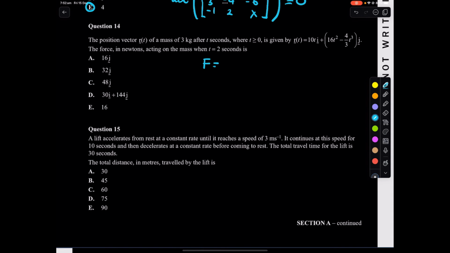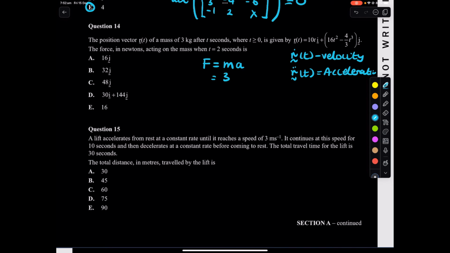We know that force is equal to mass times acceleration. We know our mass, and that's 3. But what is our acceleration? You should know: this is position. Finding the derivative of position, r of t, gives us our velocity, and finding the double derivative of the position gives us our acceleration.